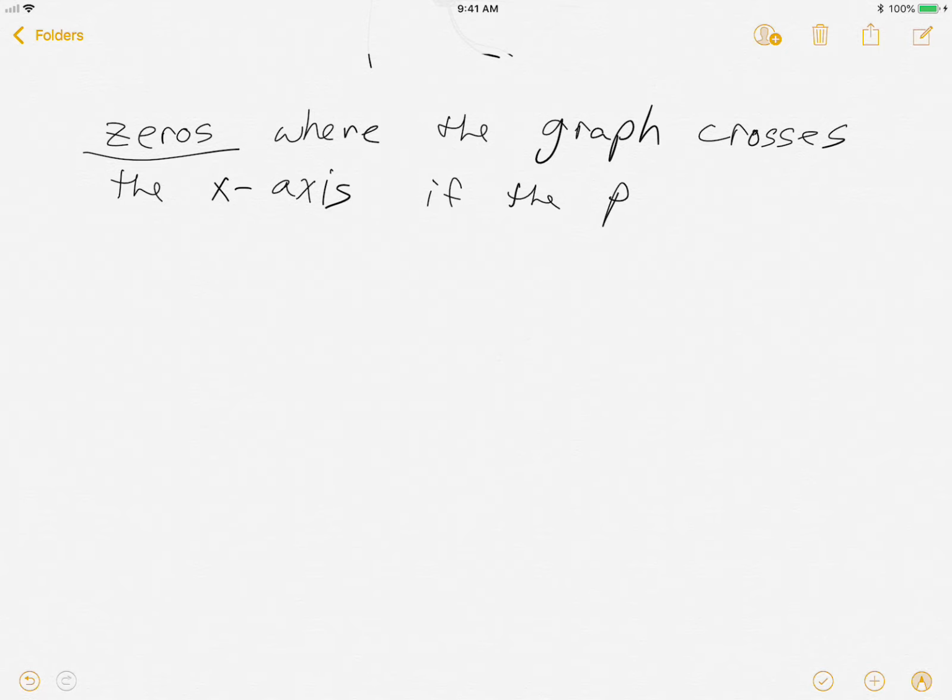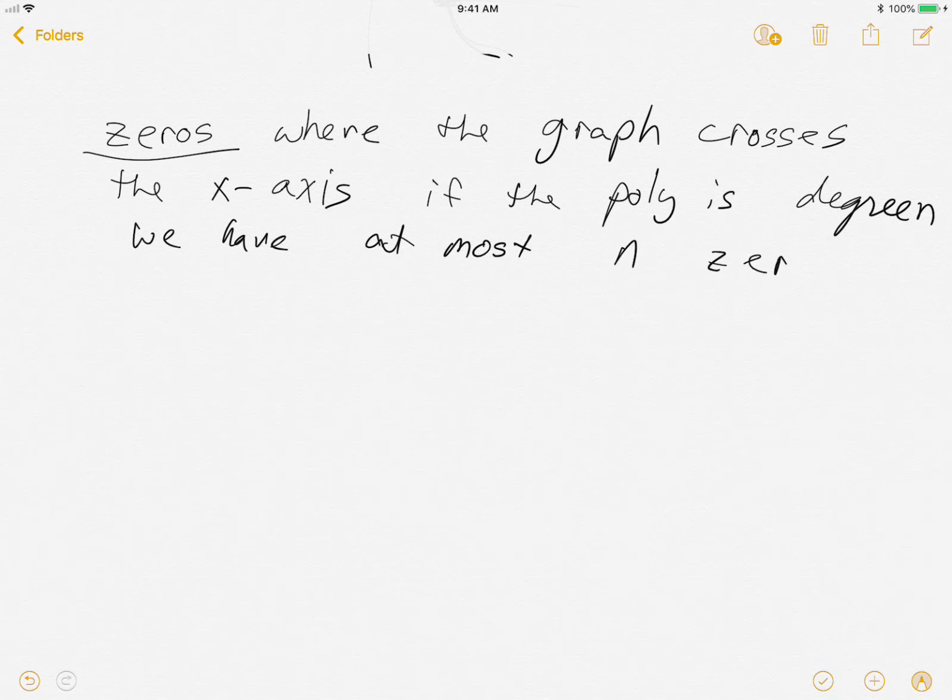If the polynomial is degree n, we have at most n zeros. So however many solutions it has, it can have up to as many as the degree is. Okay, we talked about multiplicity.